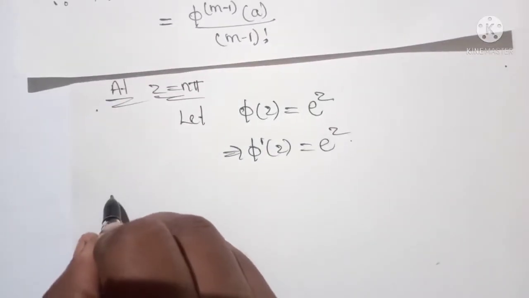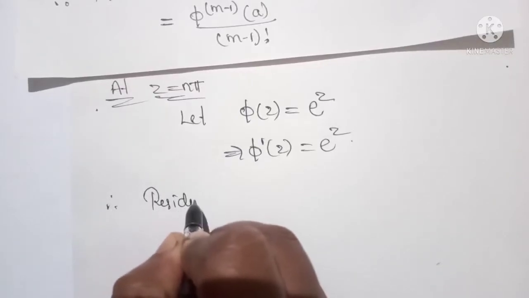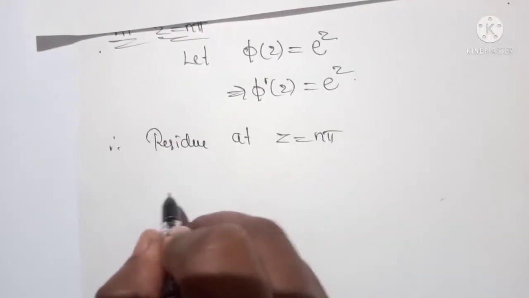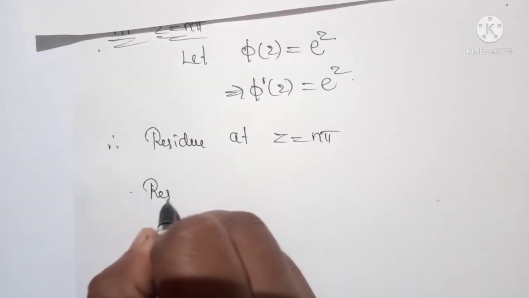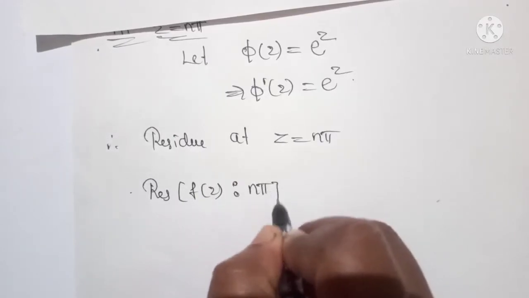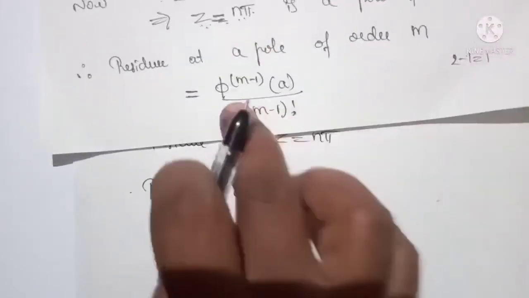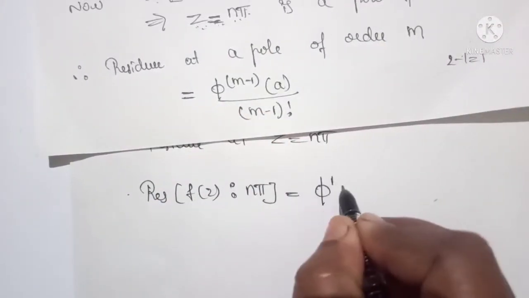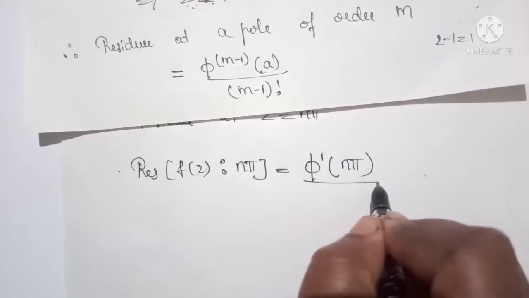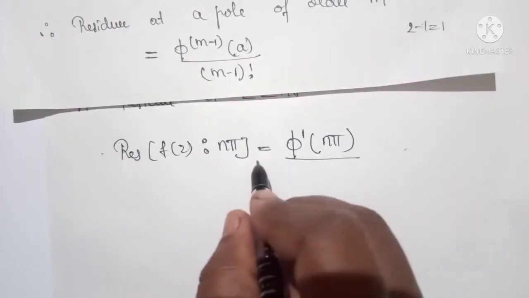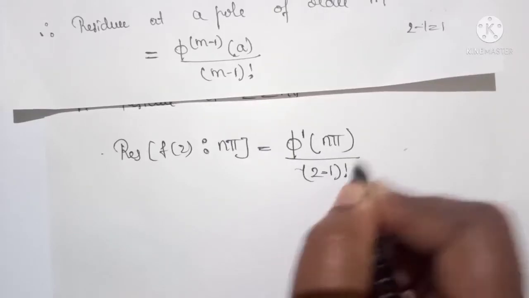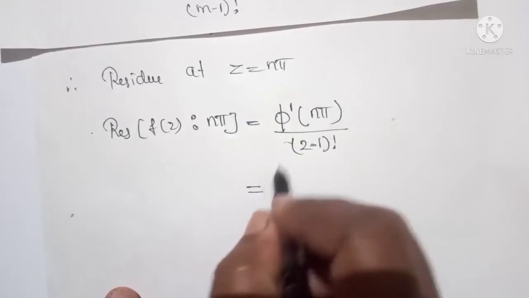So therefore the residue of f of z at z equals n pi, by using this formula, we get phi dash of a, here we have n pi, divided by the denominator 2 minus 1 factorial, which equals phi dash of n pi.